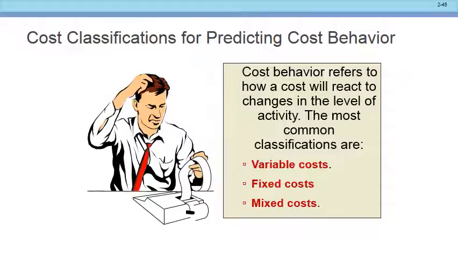With a step cost, the cost is straight like this, so it's fixed for a while, and then you add the 11th employee, you need to hire another supervisor, what happens? It goes up, and it's good there for employees 11 through 20, whatever, right? And then you add that next person, you have to add a third supervisor, and it goes up again. So I think supervisor actually, now that I think about it, is better described as a step cost because it goes up at certain increments, isn't it?